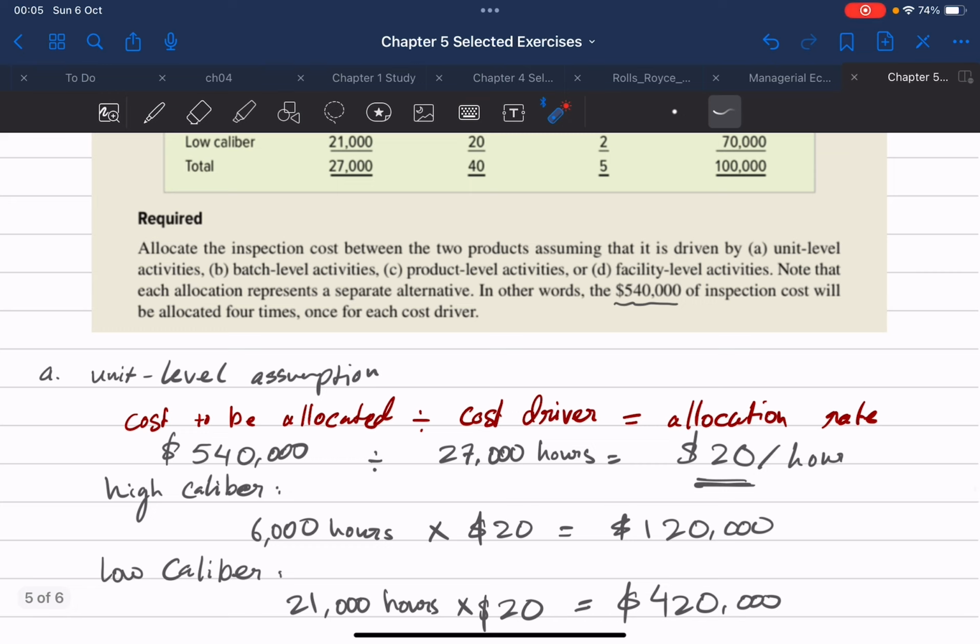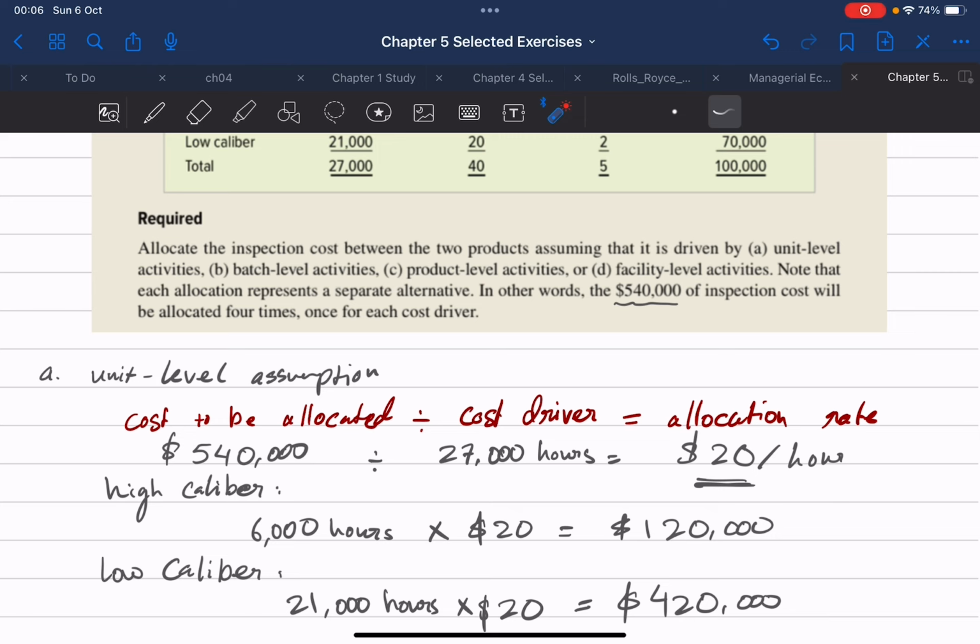And we divided 540,000 by 27,000. That gave us the allocation rate, which is $20 per hour. Meaning that based on the data or the inputs that we've used, we concluded that each hour of labor cost us $20 of manufacturing overhead. Okay.